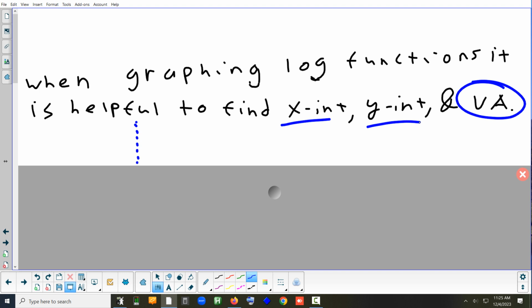Yeah? The range. So what does that mean in terms of the three things I have right here? If the range is all real numbers, what's guaranteed to happen? Well, if you have a continuous function and if the range is all real numbers, something is always going to happen.